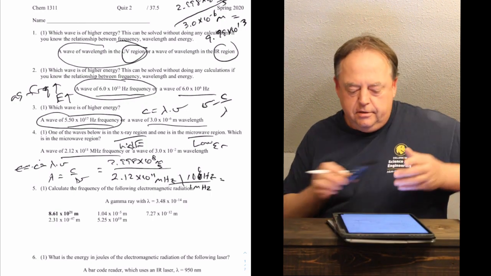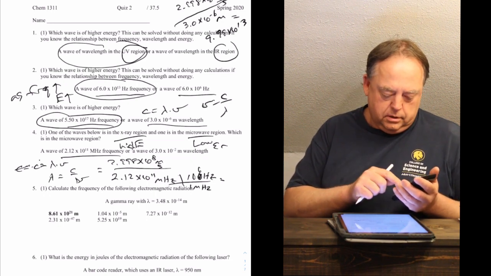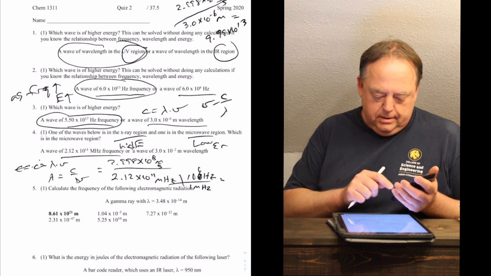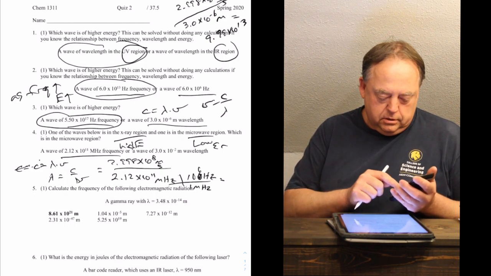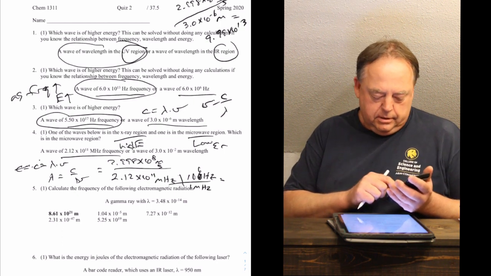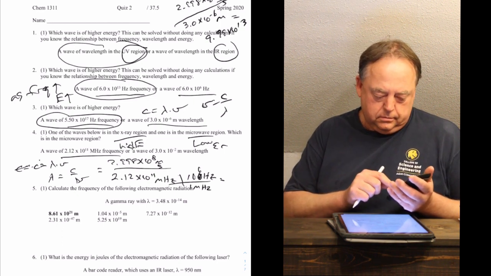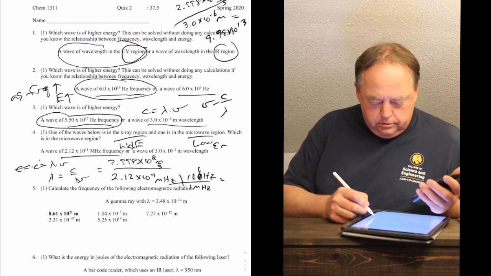So if we solve that, 2.998 times 10 to the 8 divided by 2.12 times 10 to the 11 divided by 10 to the 6.